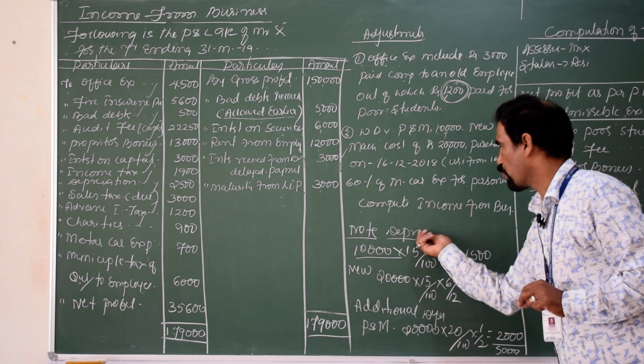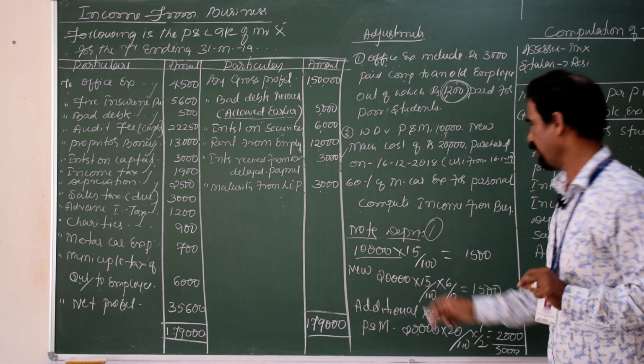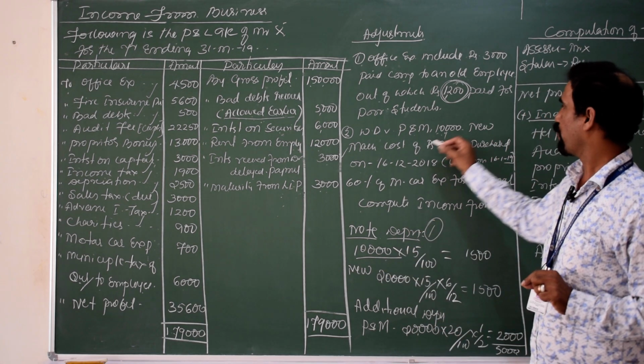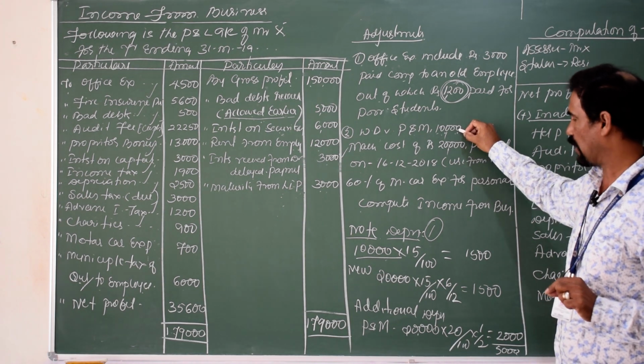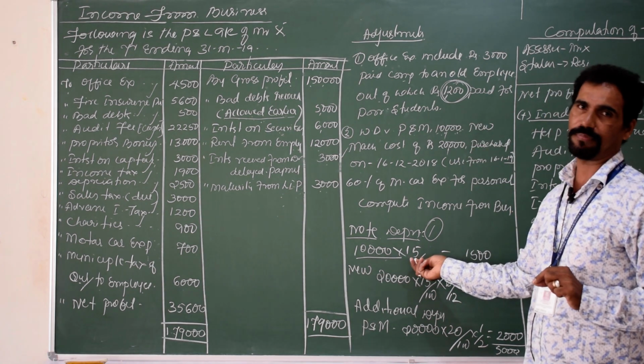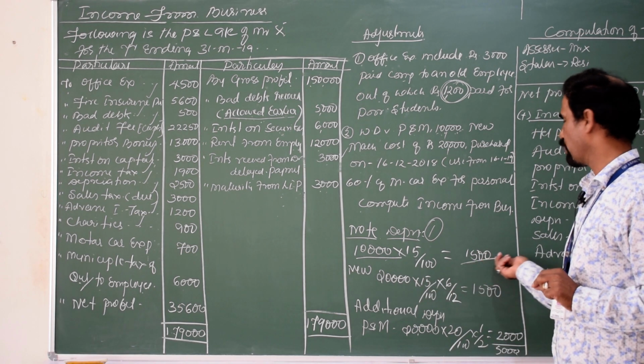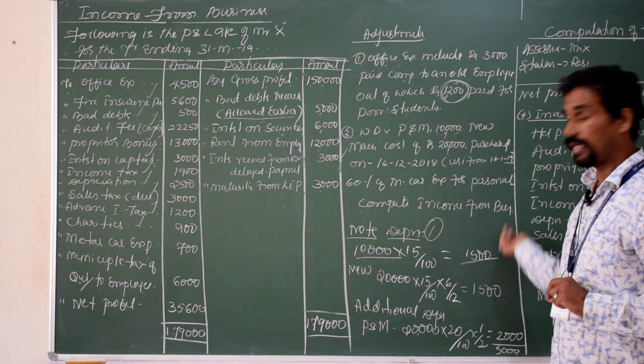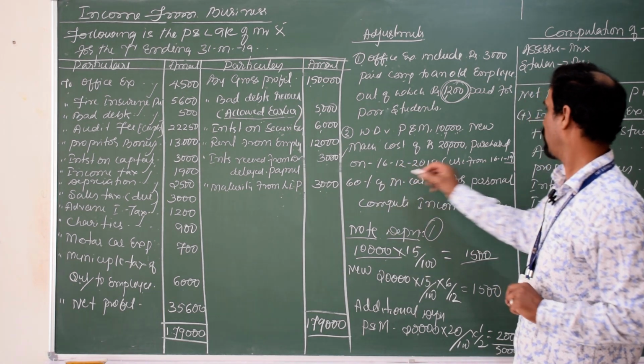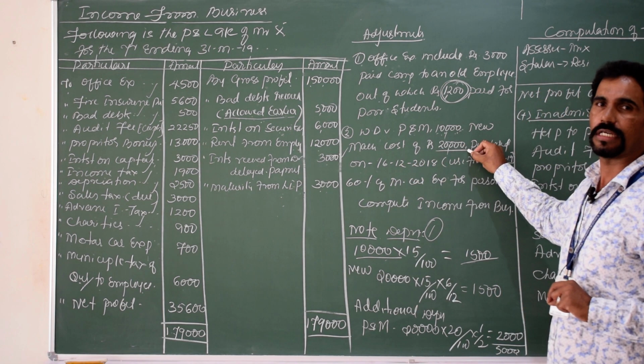First working note number 1, I have already explained, cost of machine 10,000, what is the percentage given? 15% depreciation, into 100. So, per annum 1,500 rupees depreciation. Next, we are going to purchase a new machine, 20,000 cost, new machine.